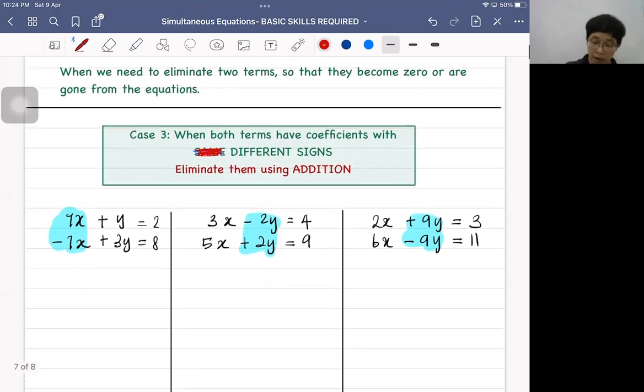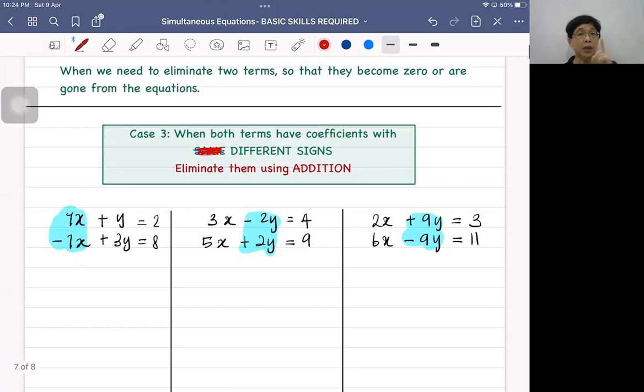So now let us eliminate, but this time we're going to use addition. We eliminate different signs with addition. Let me just show that to all of us. You're going to put a plus, and here you're going to get a plus, therefore here plus, and let's go on.